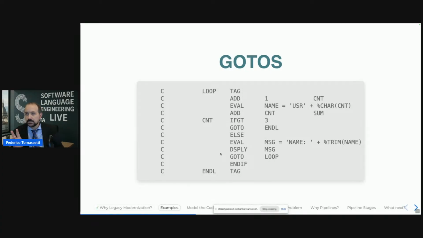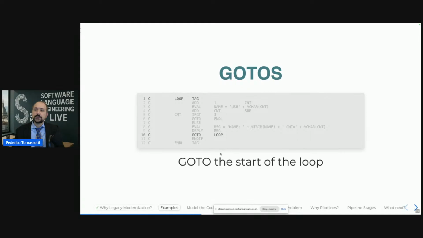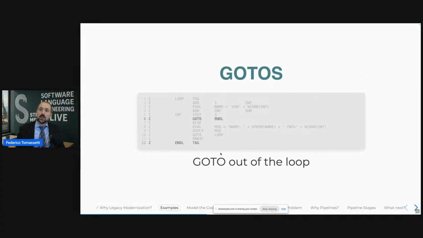In this case, we have some gotos. And gotos are a problem when migrating to modern languages because typically modern languages do not support the goto statement. So what do we do? Well, first of all, we can look at some gotos and verify that, for example, this particular goto points to the start of the loop, while this particular goto points to immediately after the loop.